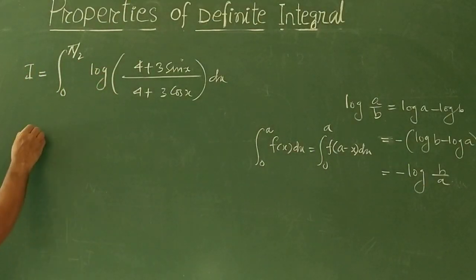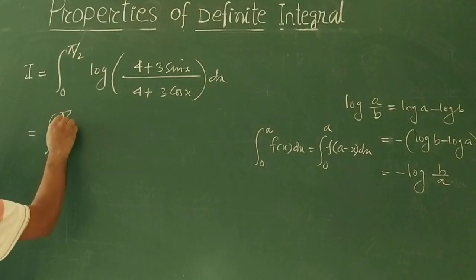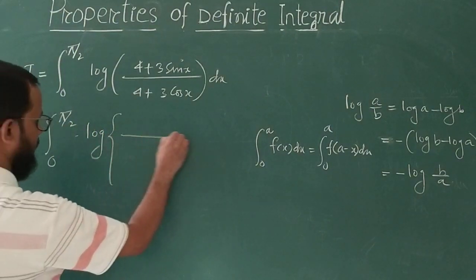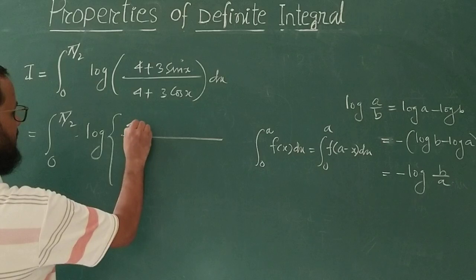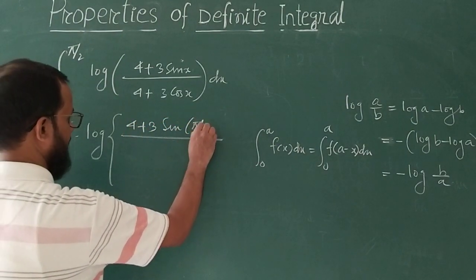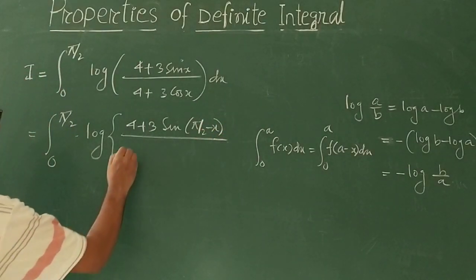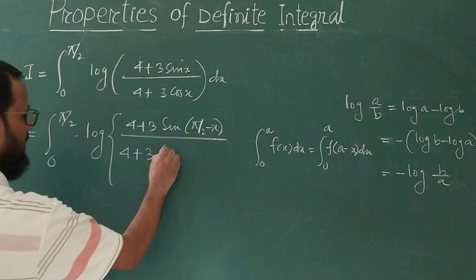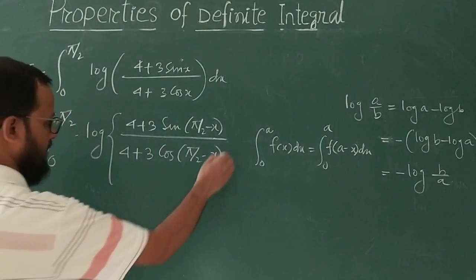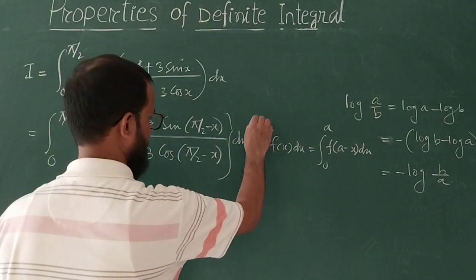So here I am going to use the property. This property I use: 0 to pi by 2 log of 4 plus 3 sin (pi by 2 minus x), divided by 4 plus 3 cos (pi by 2 minus x), into dx. Wherever x is there, we apply the property.